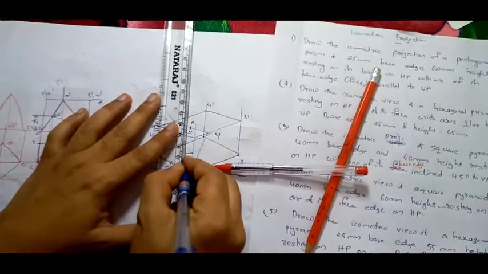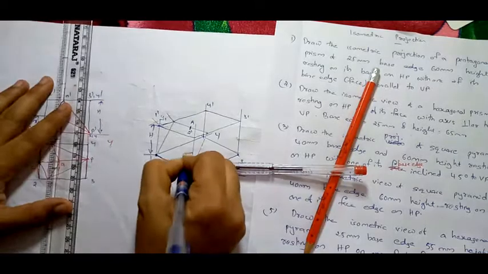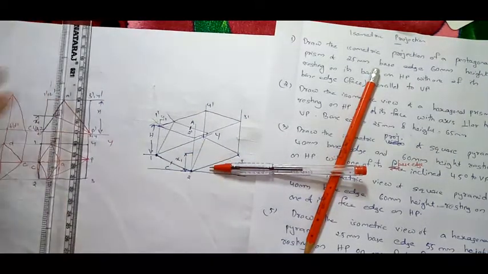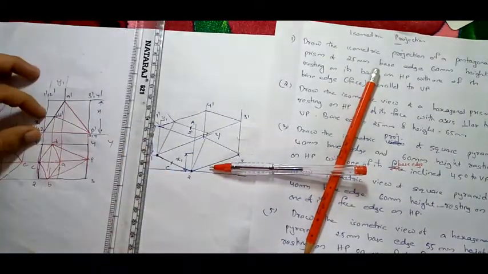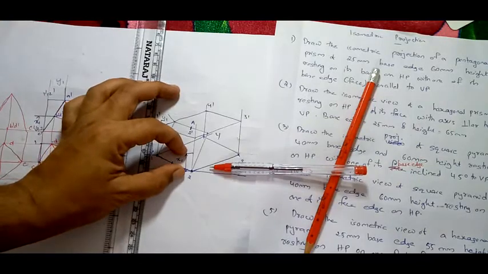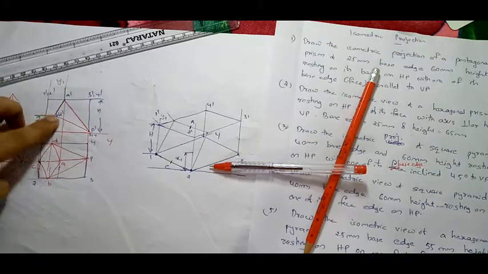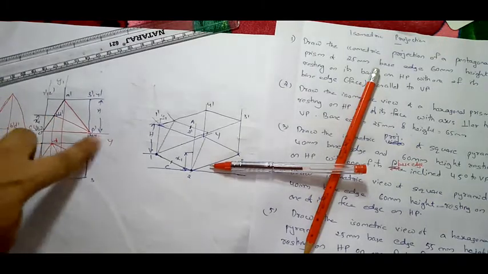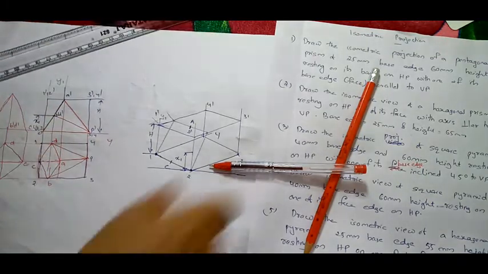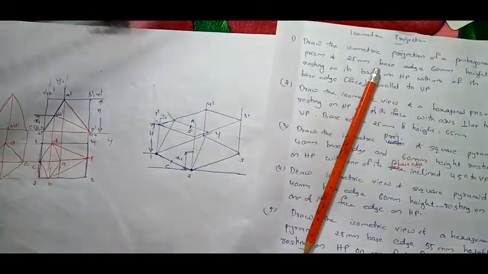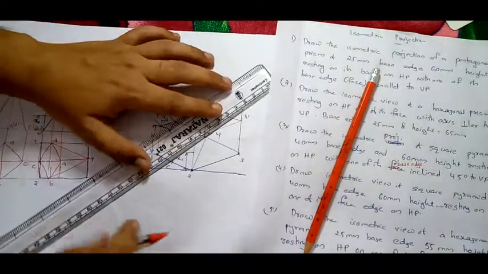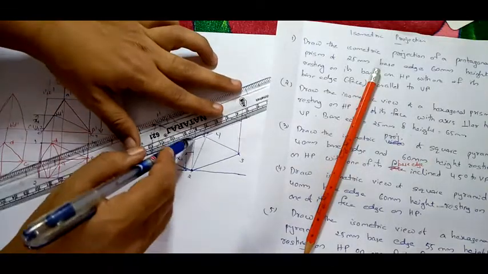So the same perpendicular, I will be taking x1 distance. So this distance x1 I have taken here on 2 2 dash. Now see, I have to draw this line. This line is parallel to our isometric line, right? So this line is parallel to 1 4 itself. So now from here we will be drawing a line parallel to this 1 dash 2 dash.